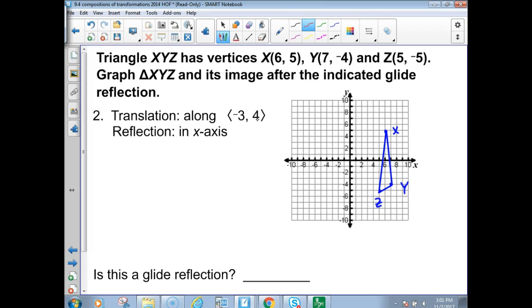Along the vector negative 3, 4, that's going to be left 3 with each point and up 4. Now going left 1, 2, 3 and up 1, 2, 3, 4 actually produces a vector that goes like this.